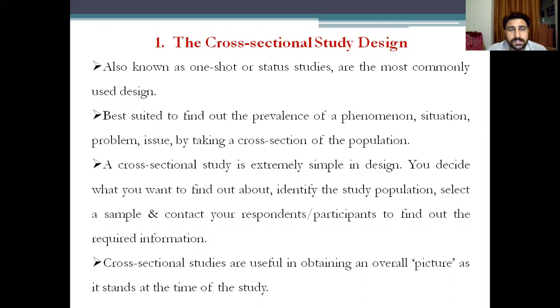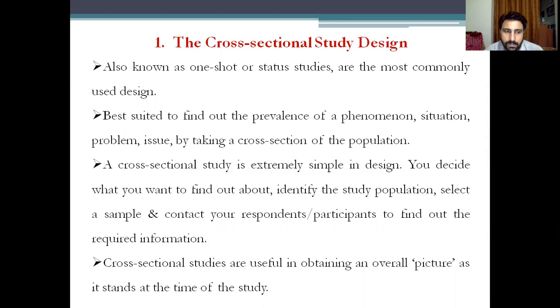This type of design is very helpful to bring out an overall picture of the population that you are going to study at a specific point of time. It is one shot: you are going to contact the study population just once. This type of study is best suited to find out the prevalence of a phenomenon, situation, problem, issue by taking a cross-section of the population.